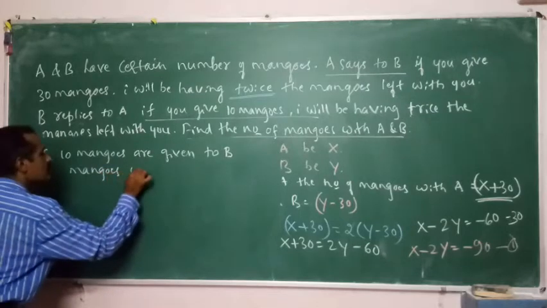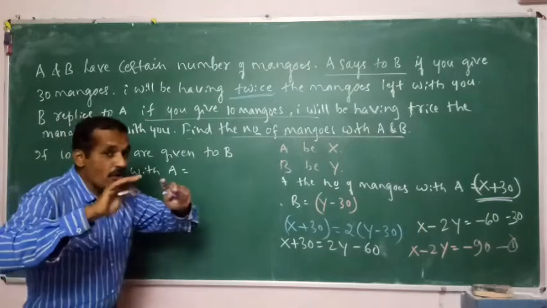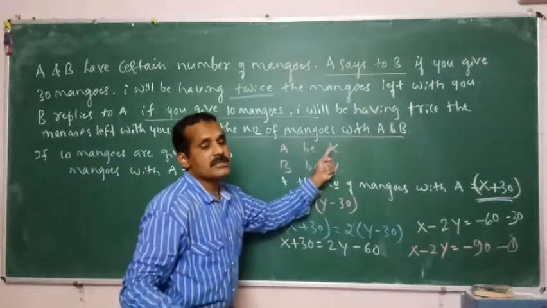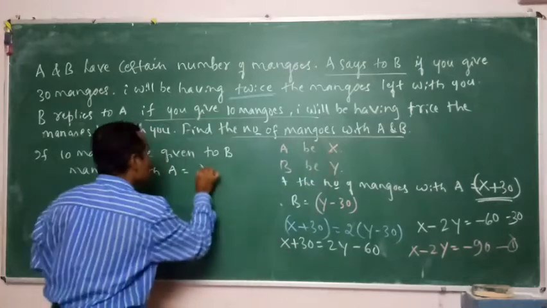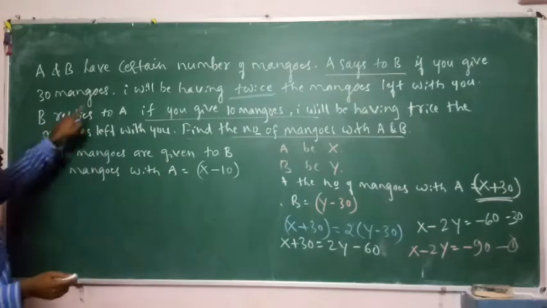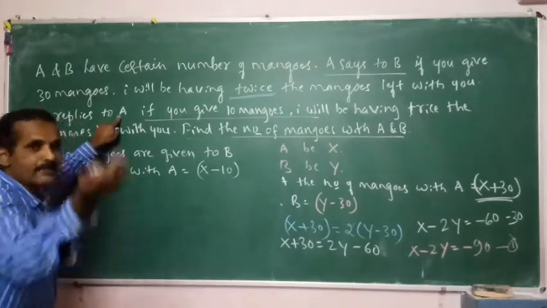mangoes with A is equal, A has already given 10 mangoes, which means here the mangoes will be less now. It is x minus 10. Who is given to whom? B says to A, give me 10 mangoes.